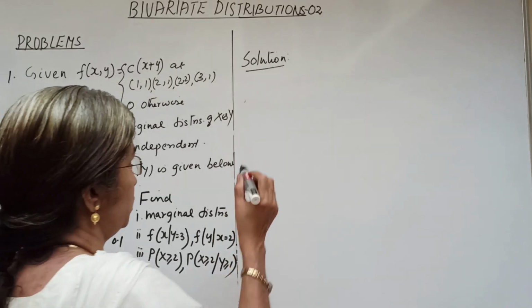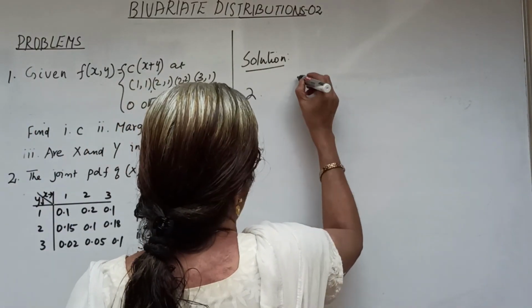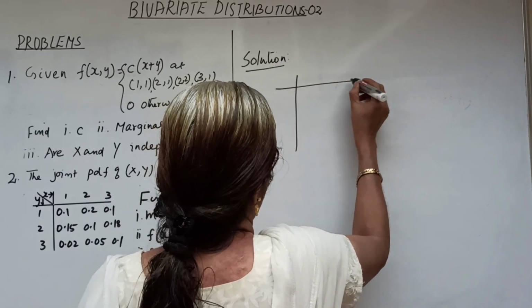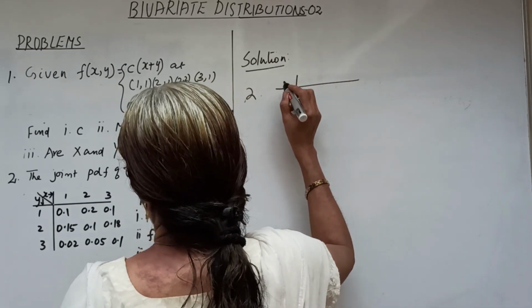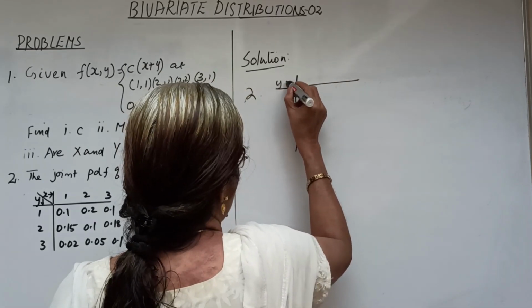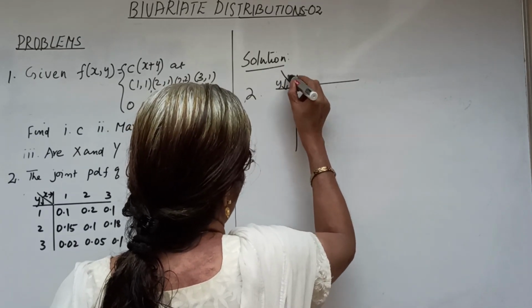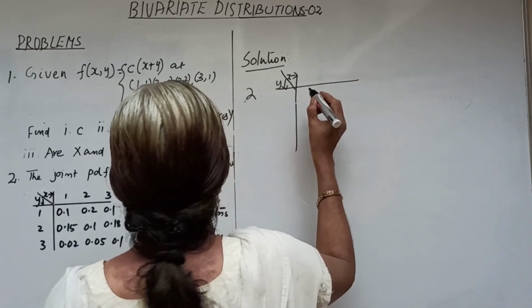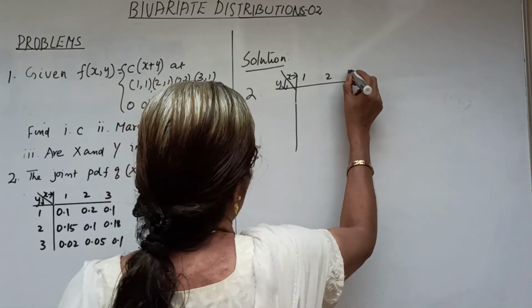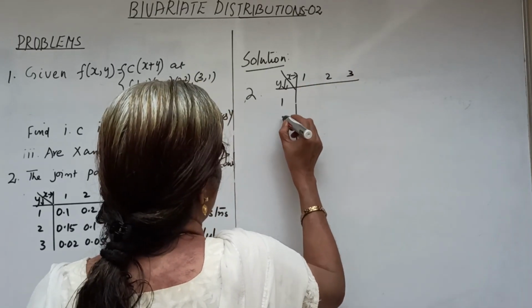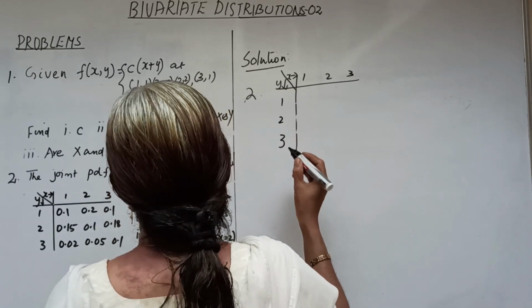Sorry, we have to write the table. That is, we are given y in rows and x in columns. Here x takes the values 1, 2, 3, and y also takes the values 1, 2, 3.